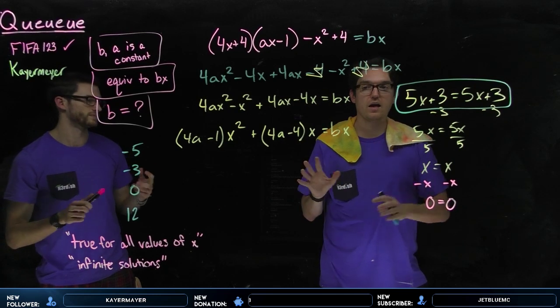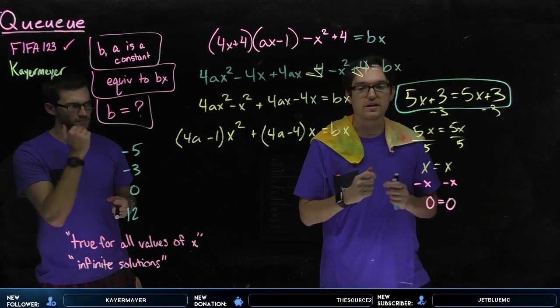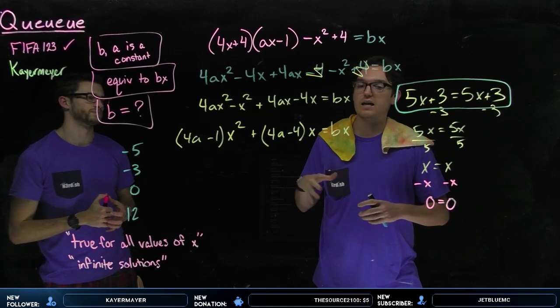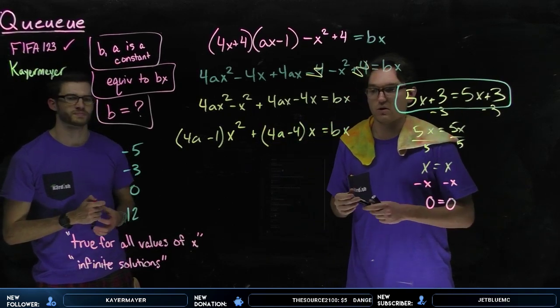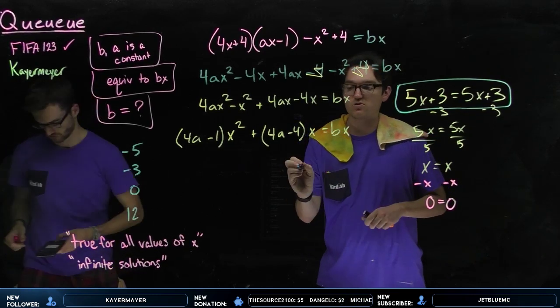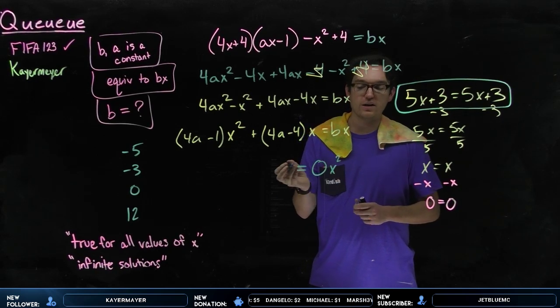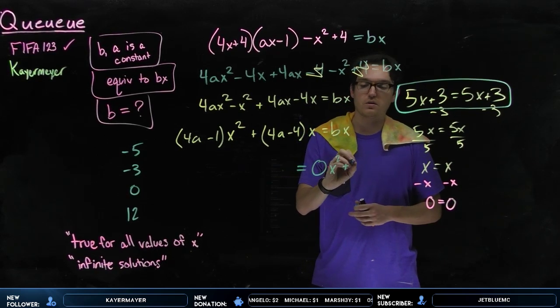Anyway, if it's true for all values of x, that means both sides are symmetrical, because any value of x could satisfy this. So these two sides are also symmetrical. We don't have an x squared term on the right side. So if we want to make this symmetrical, we're going to put in our own term: 0x squared plus bx.